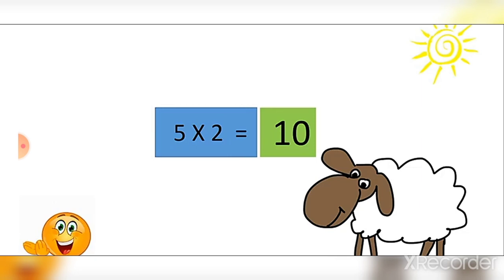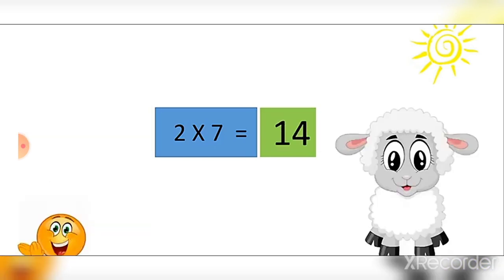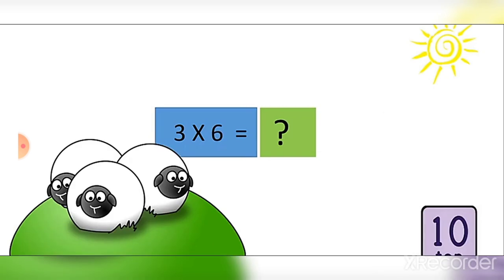Look, what comes next? It is 2 7s are. What do you say? What will come, 2 7s are? 2 7s are 14. Next is 3 6s are. Wow.